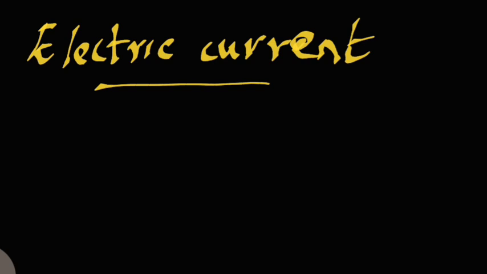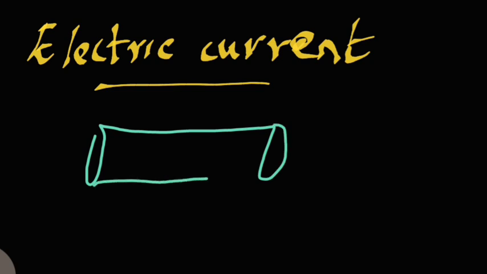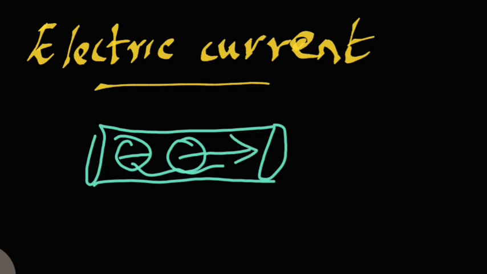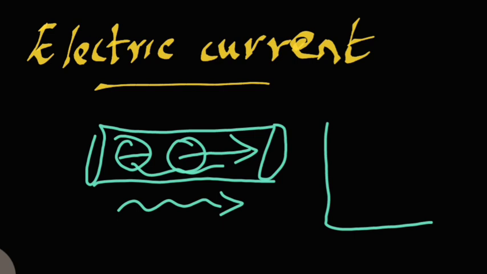In smaller classes you have learned about these positive and negative charges, electrons you have learned. Now also you know that in metals, let us suppose you have a piece of metal, the conduction is mainly due to the flow of what? Electrons or negative charges. These electrons, when they are flowing, will constitute a current which is known as electric current. And also maybe you have come across the case of electrolytes.